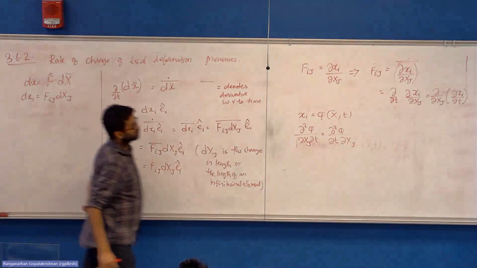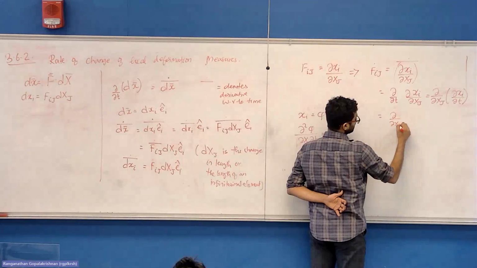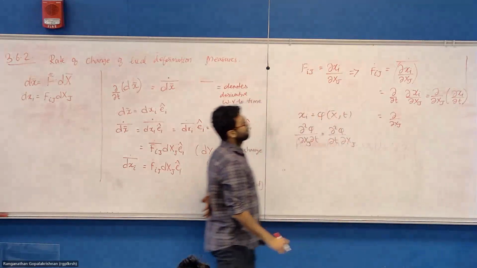Okay, so this is allowed, which means this is partial over Xj, and what is this quantity?